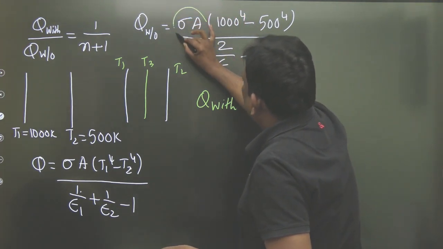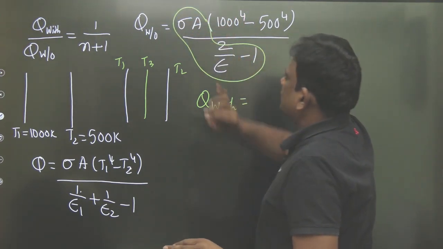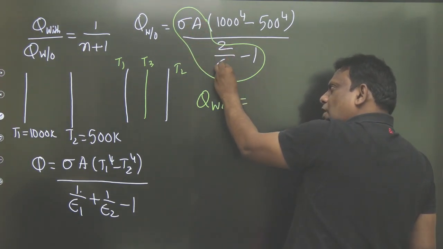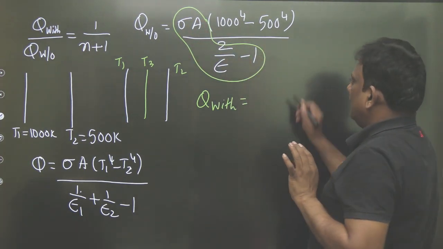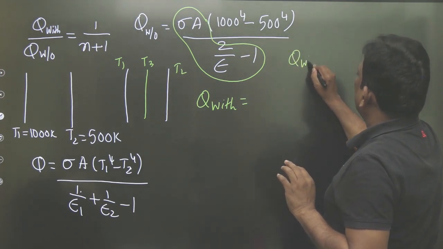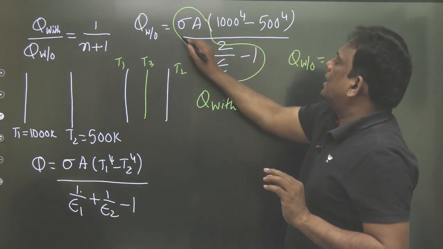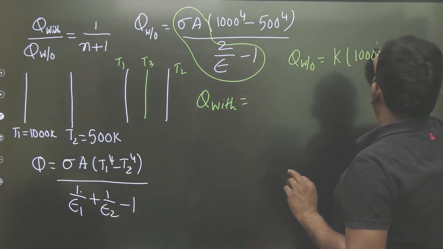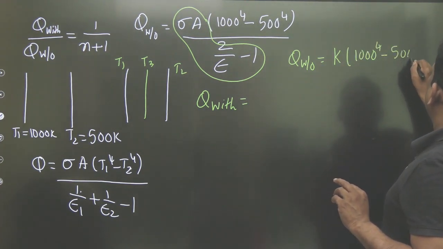My question to you is, can I take this value to be constant? Sigma is not changing. Area is not changing. Epsilon is not changing. It will be the same. So therefore, heat transfer without shield, let me take this value as some constant K, into 1000 power 4 minus 500 power 4.